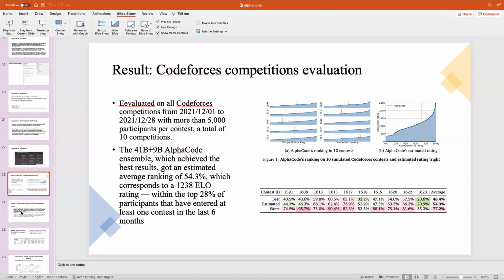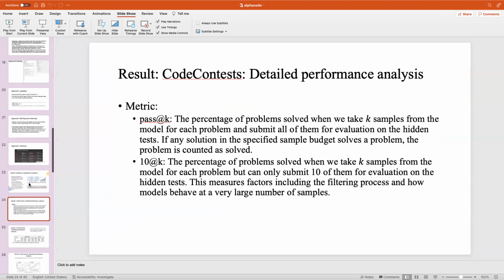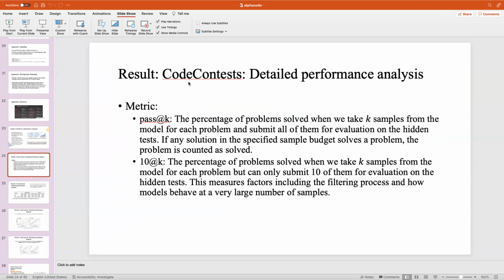Next, remember, for the CodeContests dataset, we also have the validation and test sets.